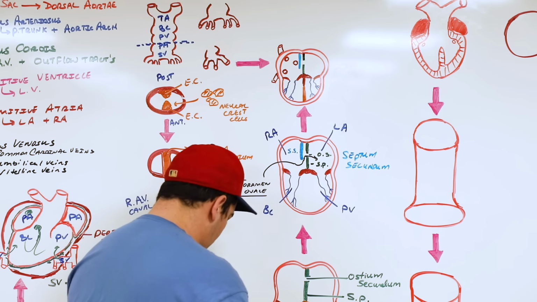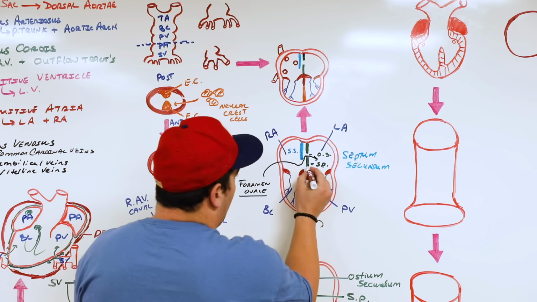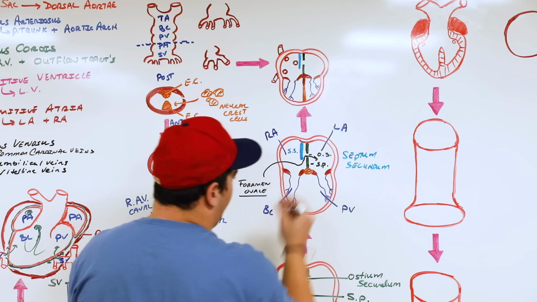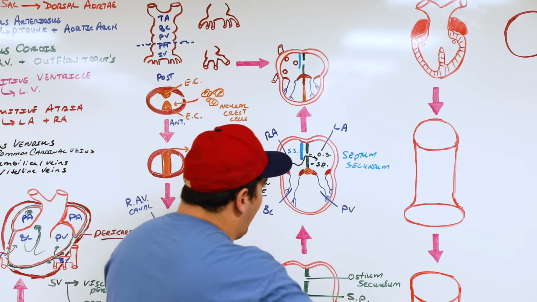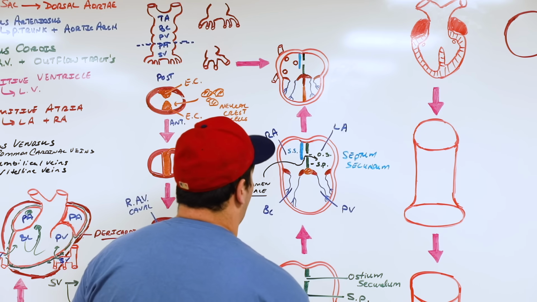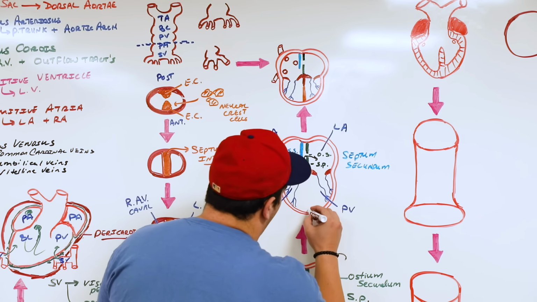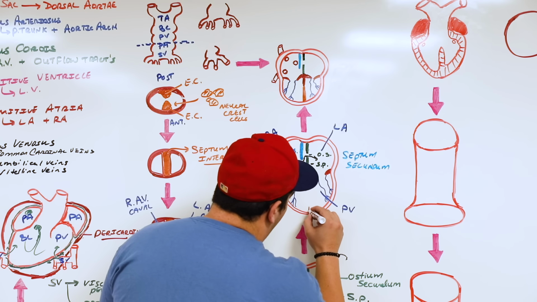Watch this. All right, so now let's erase this. And again, what was this little tissue here? This was called your septum intermedium. At the apex of the heart, you start to develop some tissue here that starts moving its way upwards from the apex.